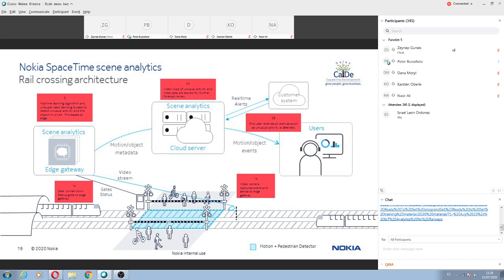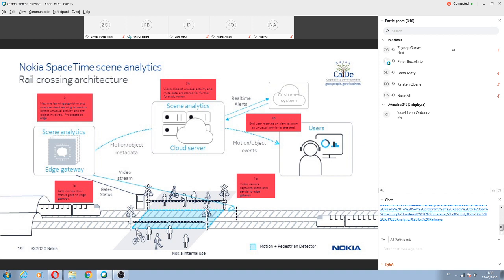Once those events are determined and all this processing is done in the gateway, we're only sending metadata up regarding the event, such as date and time, the camera location, the event type itself, and a short video clip associated with the event.